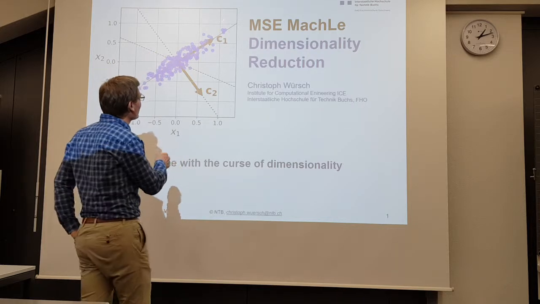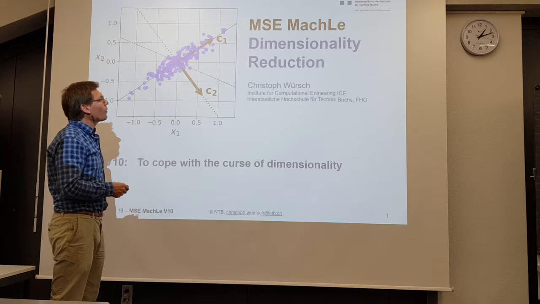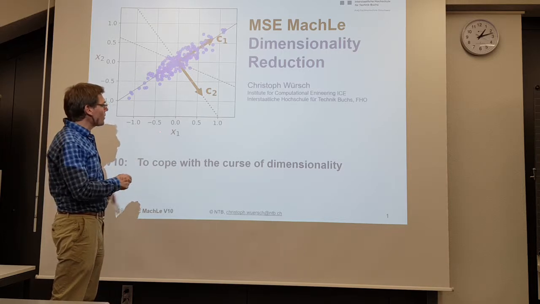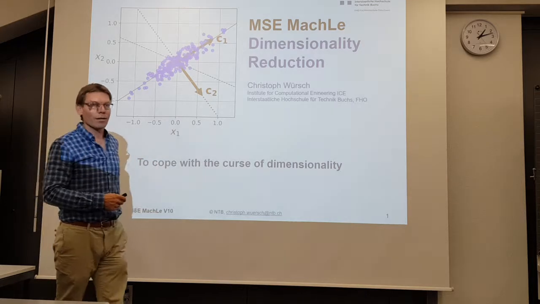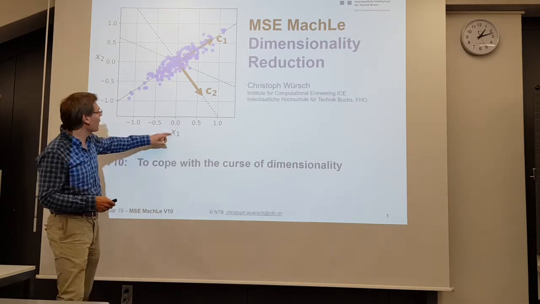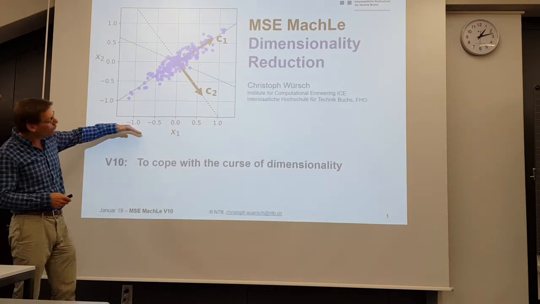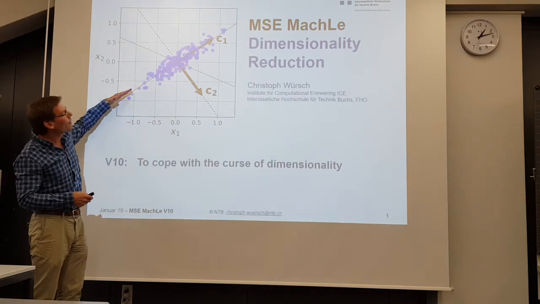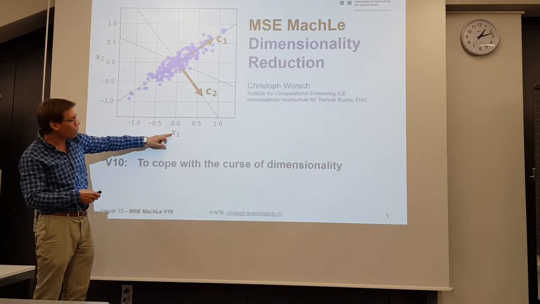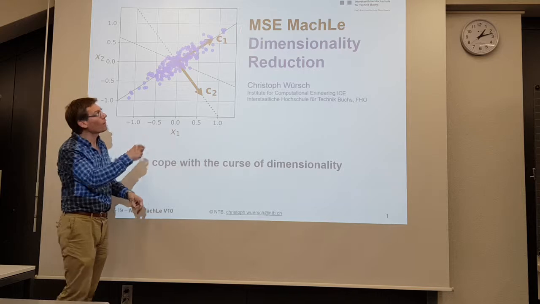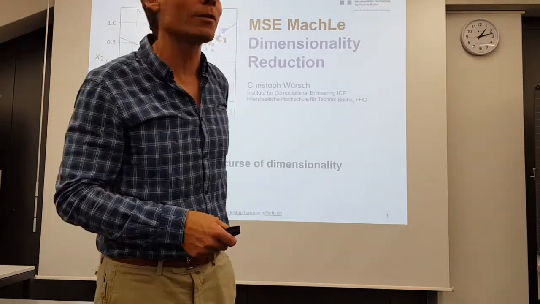It looks as if the data is more or less on a straight line, and the principal component analysis tries to find a representation of the data in a subspace of the features here, x1 and x2, which is lower in dimension. For example, it could be represented by laying the new axis, let's call it y or y1, along this direction, c1. That's the main component, the first principal component.